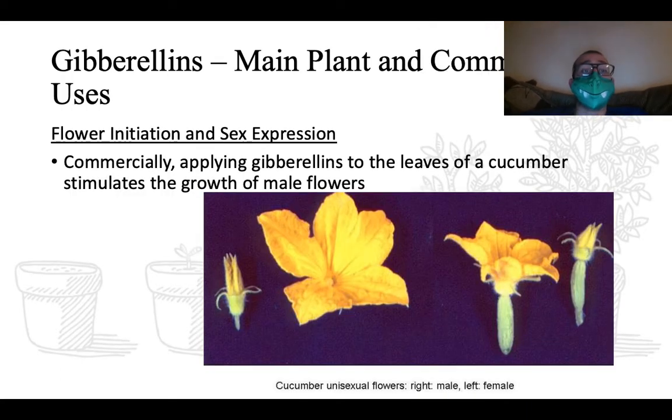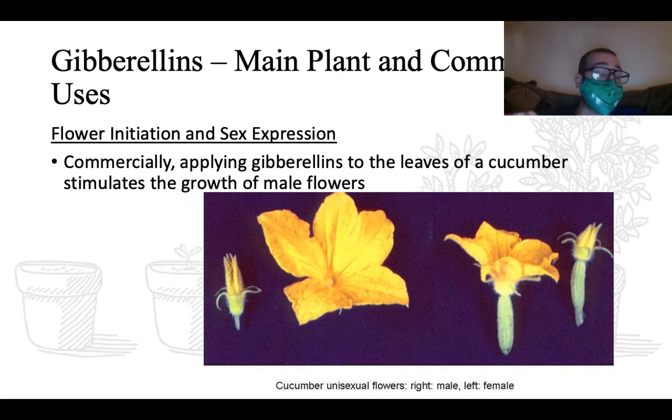They can also be used in flower initiation and to change or ensure the sex of your flowers. For example, in cucumbers, if you apply gibberellins to the leaves of a cucumber, it stimulates the growth of male flowers. And cucumbers are those plants that we talked about that are dioecious, right?